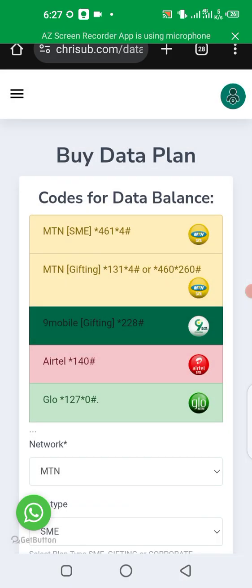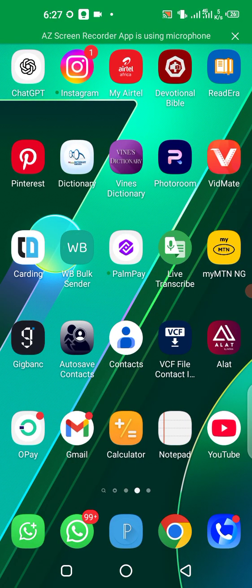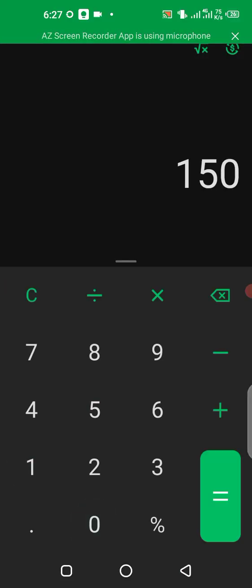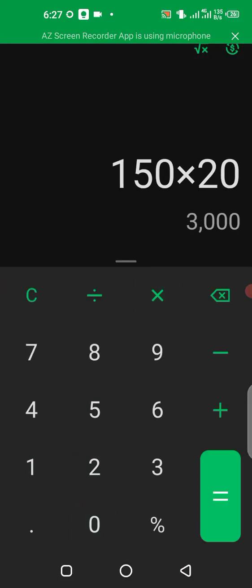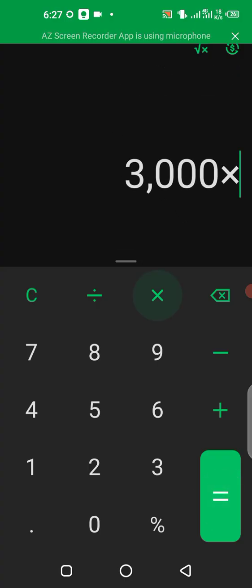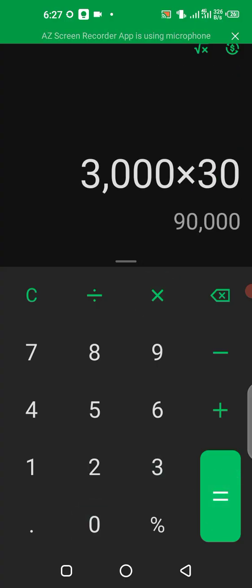Some people are selling 750, some people are selling 800. You are making 150 per sale. Just calculate it. Let's say you are making 20 sales every day. That is 3,000 a day, and 30 days is 90,000.